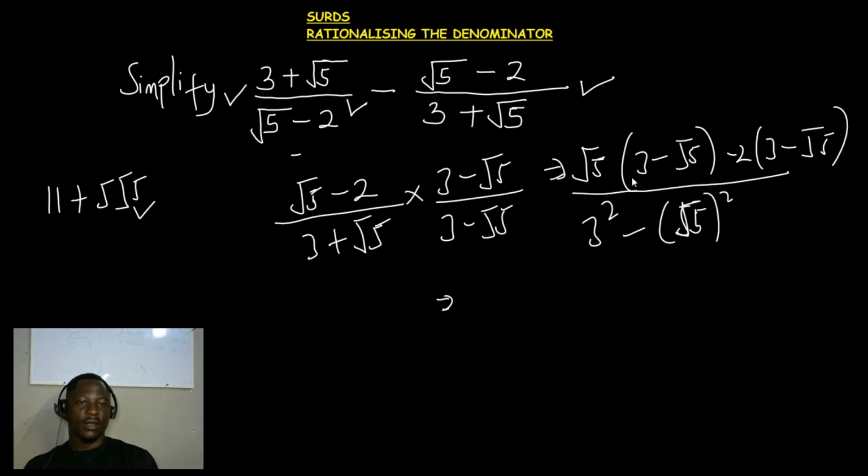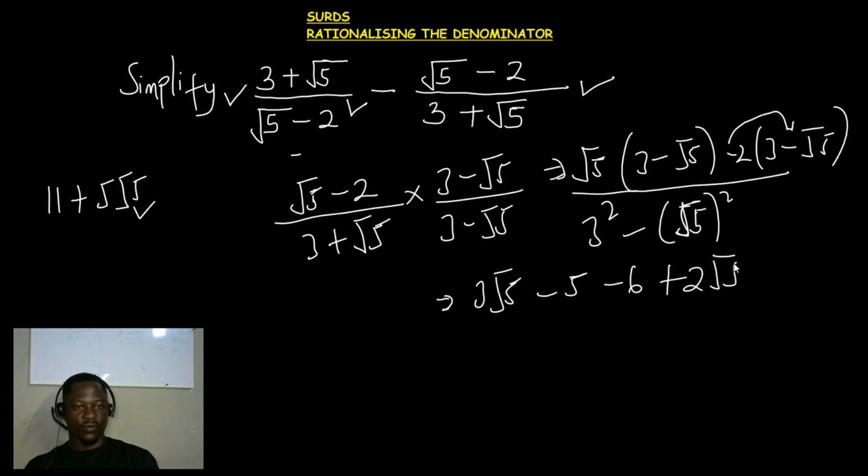Now here 3 times root 5 is going to be 3 root 5, and square root of 5 times square root of 5 is going to be 5, and here we are going to have minus 6, and then minus 2 times square root of 5 is going to be positive 2 root 5.